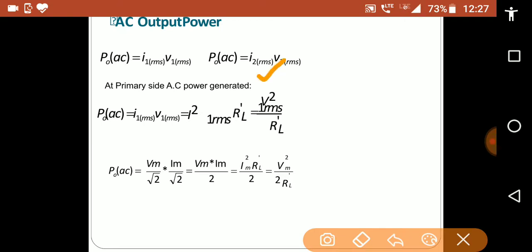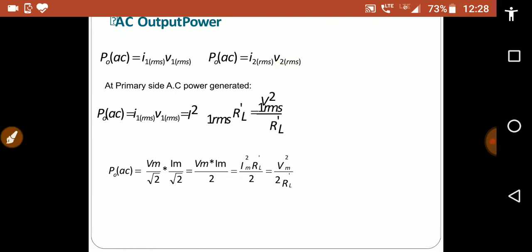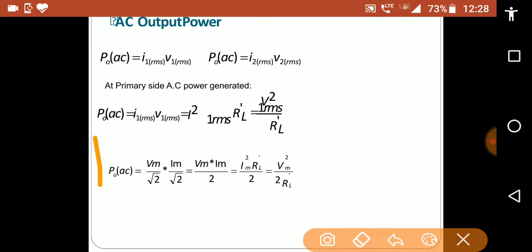So POAC equal to Vm by root 2 into Im by root 2, which is equal to Vm into Im by 2, equal to Im square RL by 2, equal to Vm square by 2 RL. This is the output AC power.